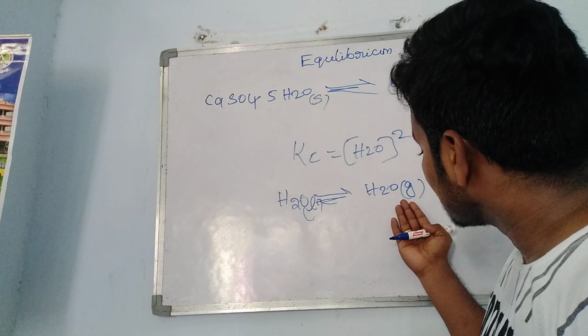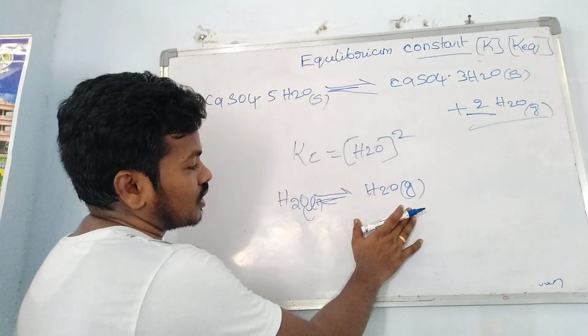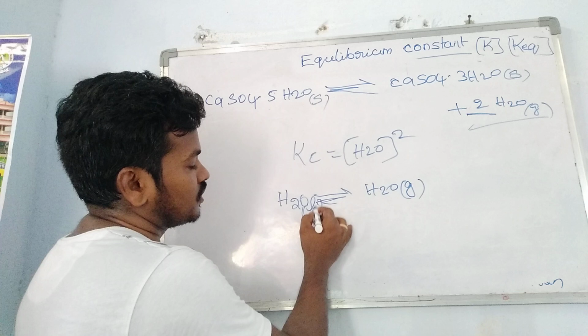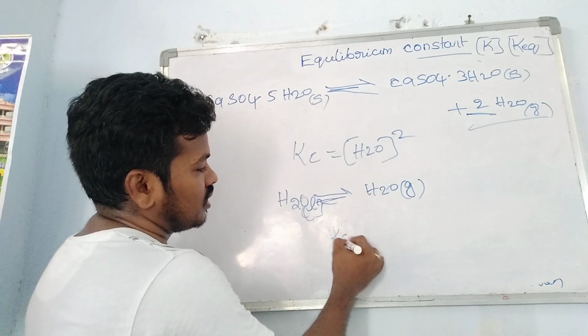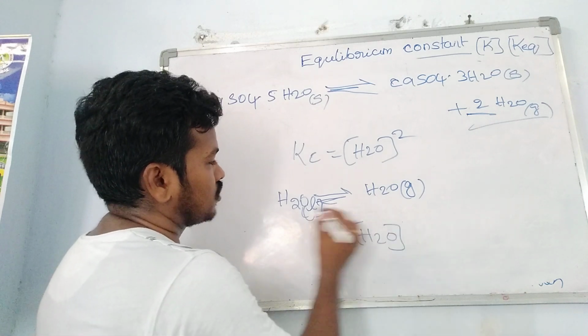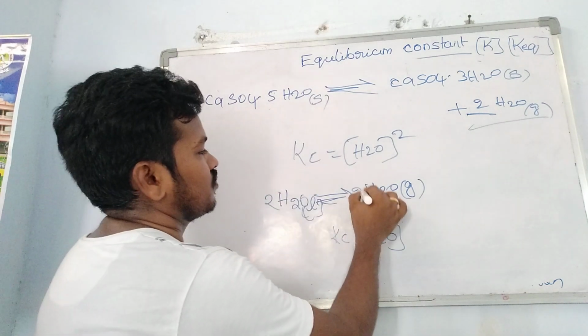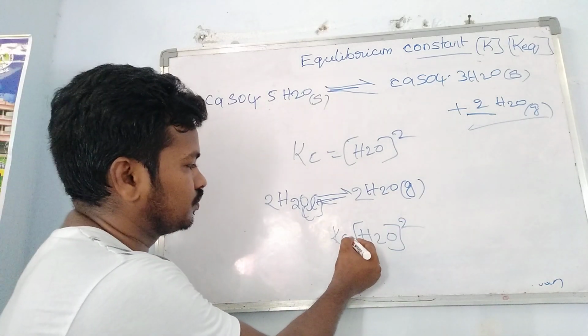Whenever the gas is in equilibrium with the liquid, whose concentration will be changed? In these cases we have to take the liquid only. For example, if you keep 2 here, it will become an expression like this, Kc.